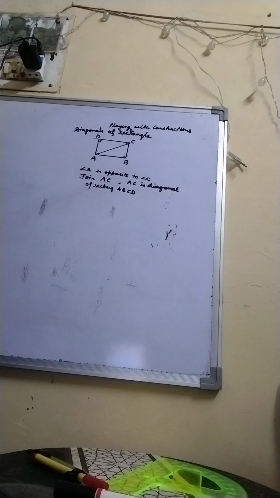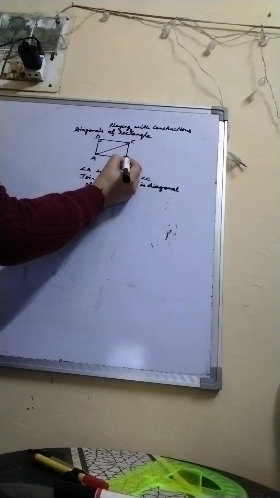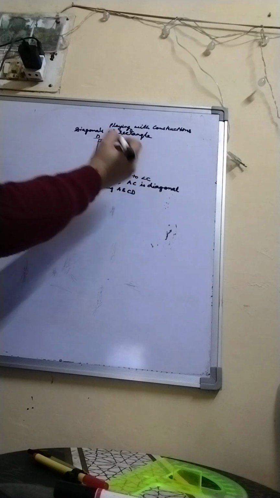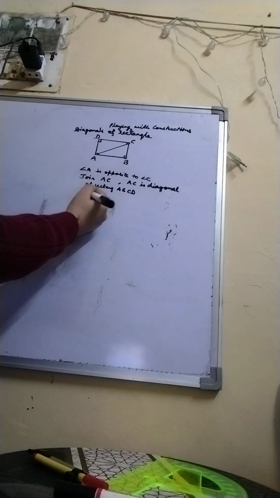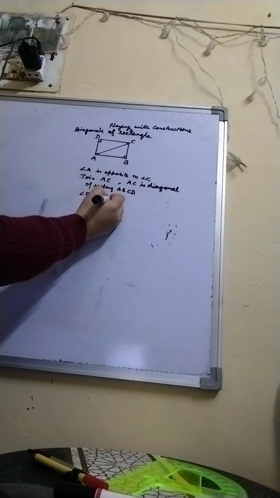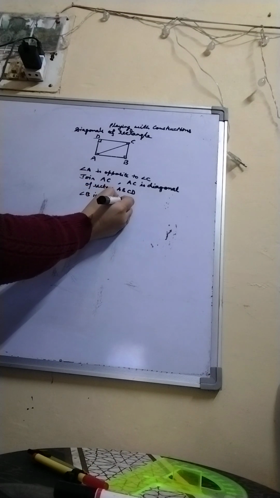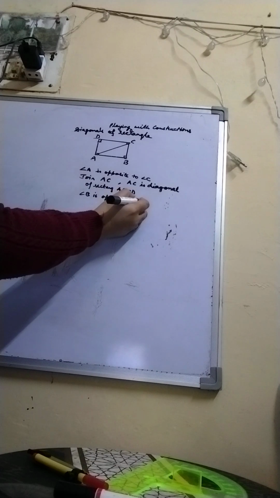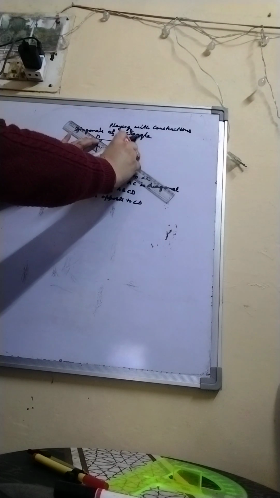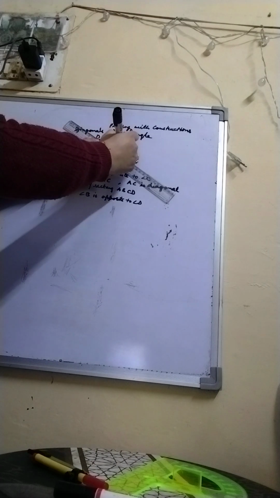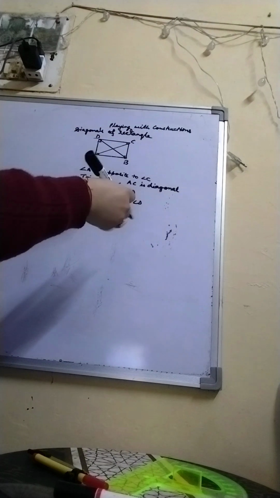Can you find any other diagonal? Yes, we can find one more diagonal in this. That will be angle B opposite to angle D. Okay, so join B with D and you get the second diagonal.